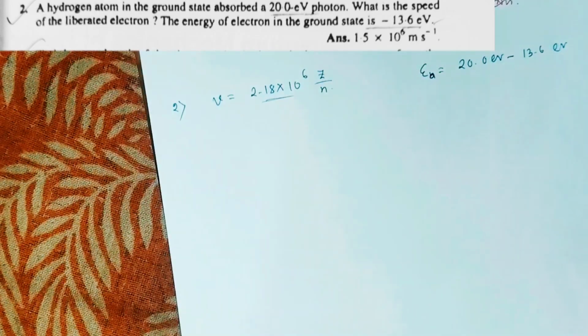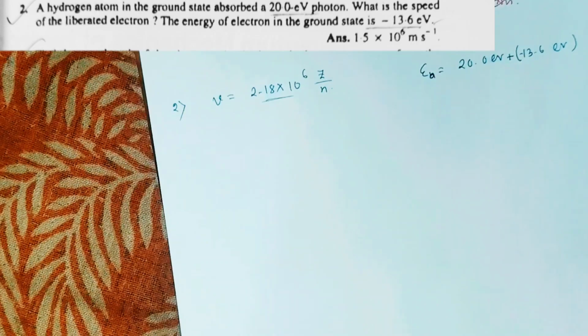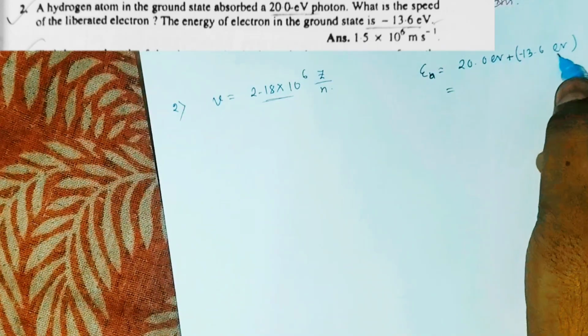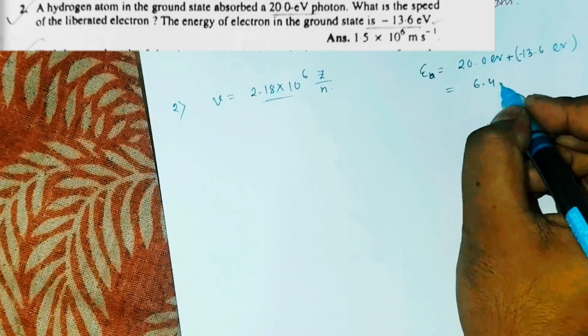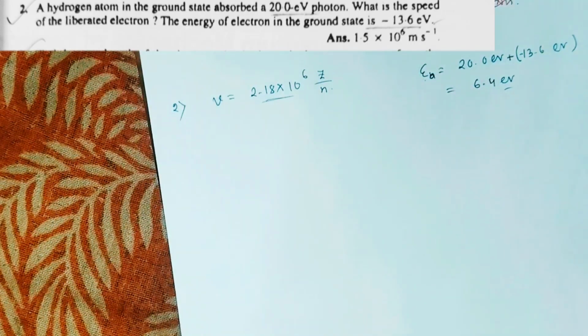Why minus? This is nothing but plus and minus. I think this is very familiar to you. So 20.0 eV minus 13.6 eV, you will get 6.4 eV, and from this you can see that the energy is 6.4 eV, so you can find the principal quantum number.